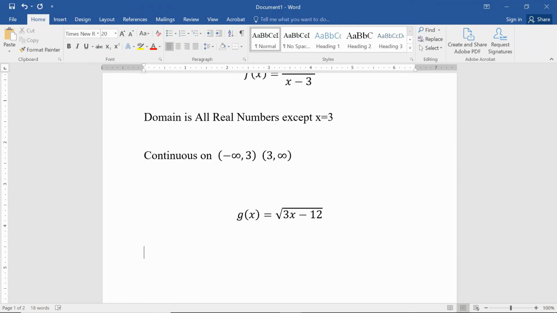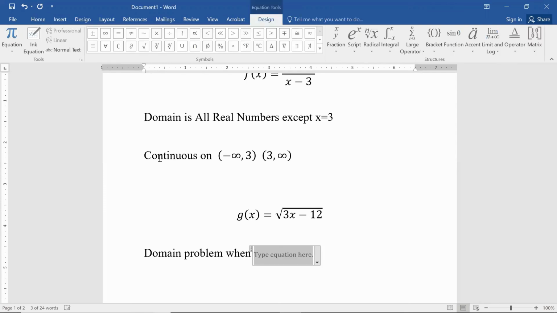So the problem with square roots is that when we're trying to go into real numbers, we don't want to be square rooting a negative. So the domain has a problem when the thing underneath my square root, specifically the 3x minus 12, is negative or less than 0. And if you solve this, add 12 to both sides, then divide by 3, that means the domain has a problem when x is less than 4.